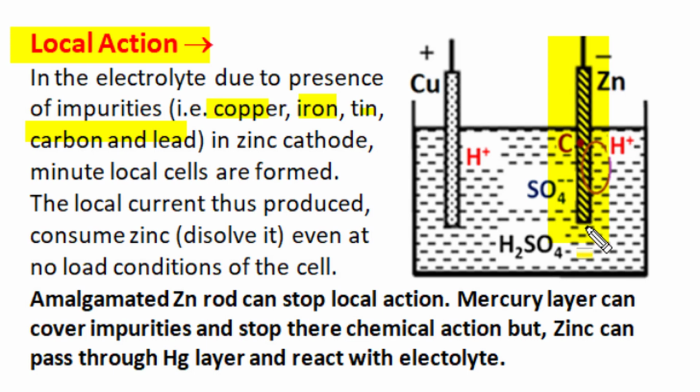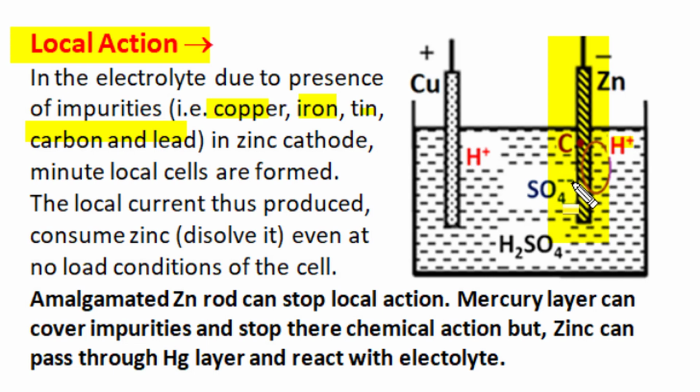Due to that cell action, negative sulfate ions react with zinc, form zinc sulfate and give two electrons to the zinc electrode. At the same time, the impurity attracts H ions and gives those electrons to H ions and neutralizes the H ions to form H2 gas, and in the process zinc gets dissolved and consumed in the solution without any electrical output. So this is wastage of our cathode material by local cell action.